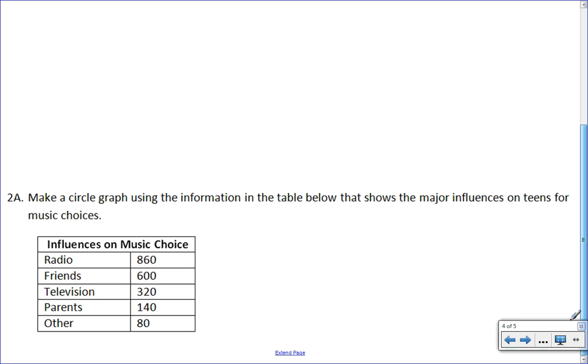For the second set, radio is 154.8 degrees. Friends will be 108 degrees. Television is 57.6 degrees. Parents is 25.2 degrees. And other is 14.4 degrees.